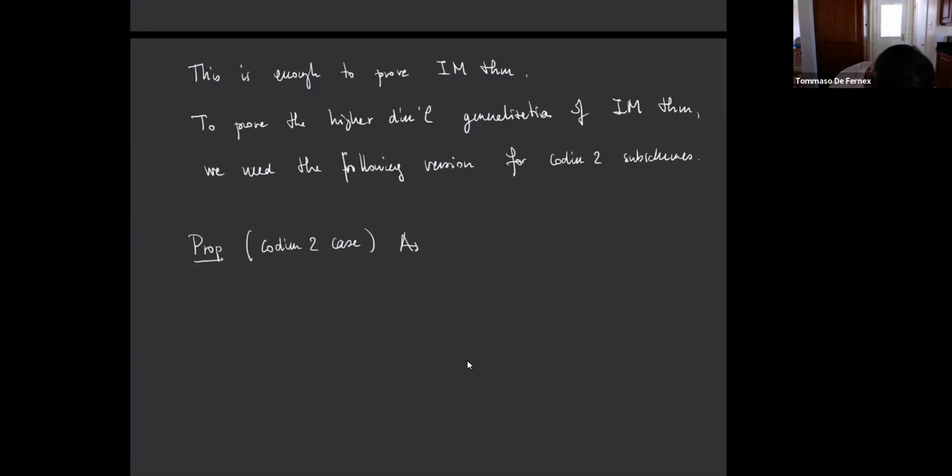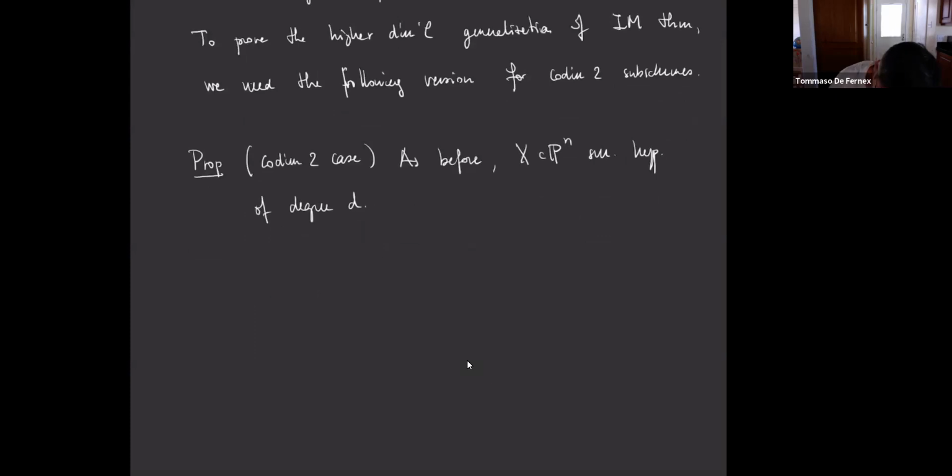So as before, X inside some projective space is a smooth hypersurface of degree d. And now I'm going to consider Z inside X a pure dimensional closed subscheme of codimension 2.